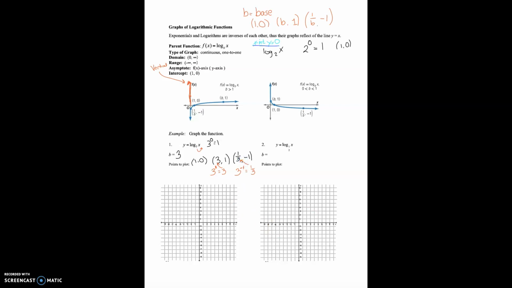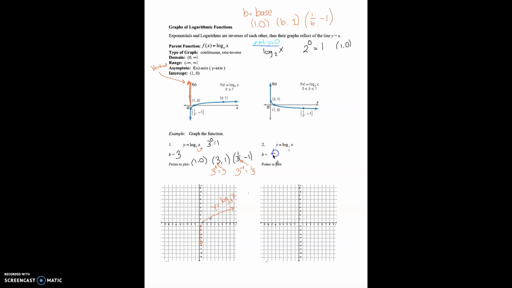So I'm going to do my best to plot those points. So 1, 0, 3, 1, and then 1/3 and negative 1. And I drew my curve the best I could, and this is my graph for y equals log base 3 of x.